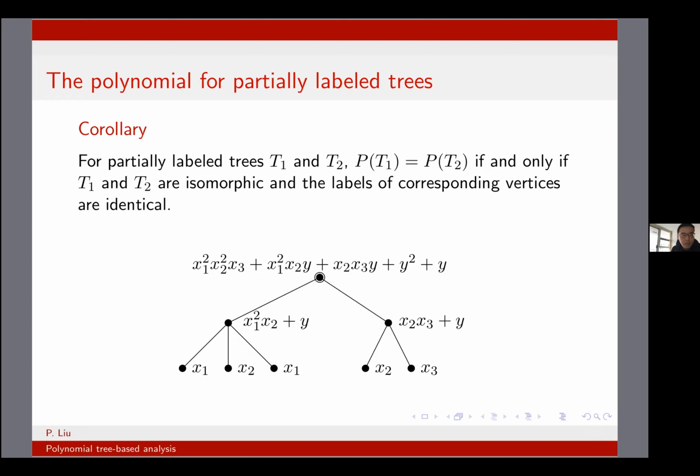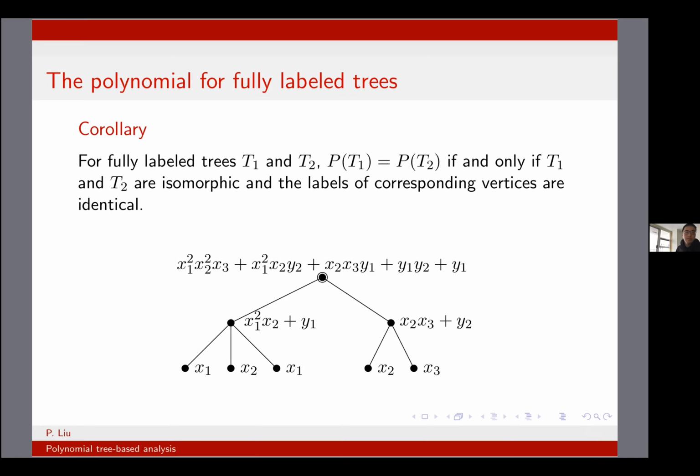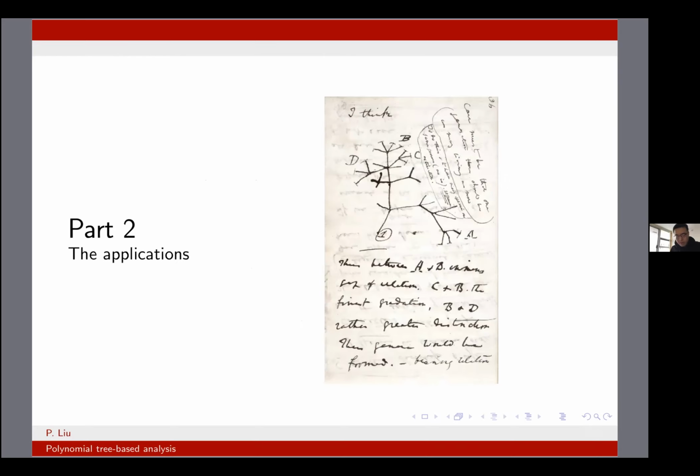So if we have partially labeled trees, here the leaves are labeled as x1, x2, x1, and x2, x3. So you can say it has labels 1, 2, 1, 2, 3, and then we can basically define a similar polynomial, but with more variables, and that will still distinguish all the partially labeled trees, and the same for the fully labeled ones.